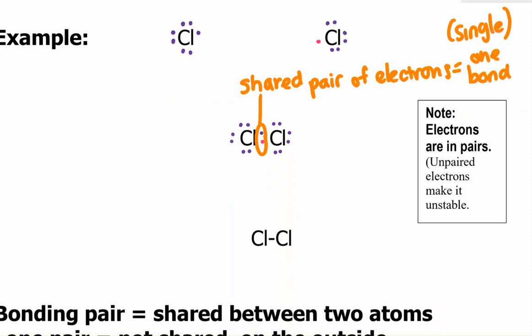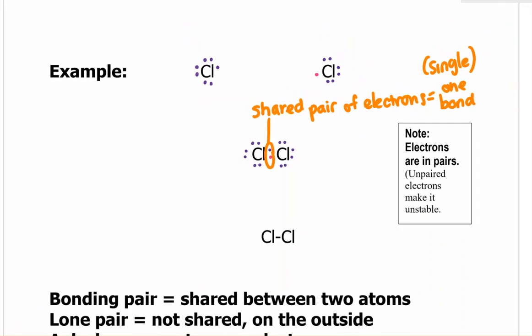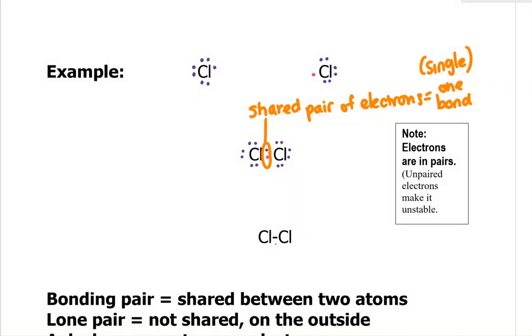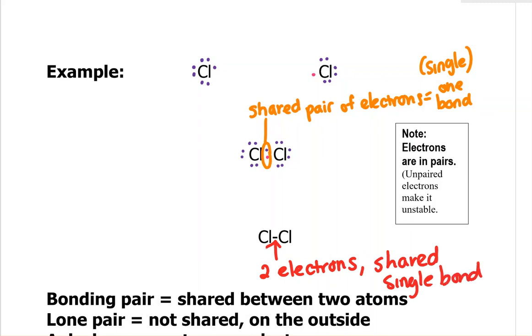This line, I'm going to scooch out a little, that represents 2 electrons that are shared, and single bonds. So it means the same thing to draw a dash. Okay, and on this one I'm not showing all of the ones on the outside.